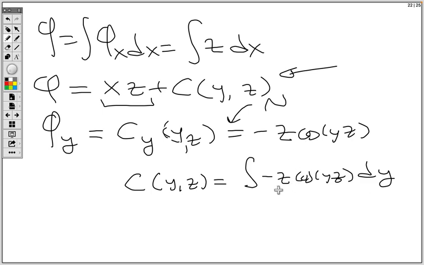And what do you get when you integrate this with respect to y? Remember, you'd be treating z as a constant. So what do you get?